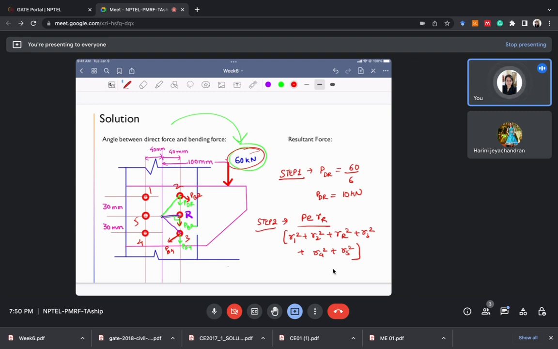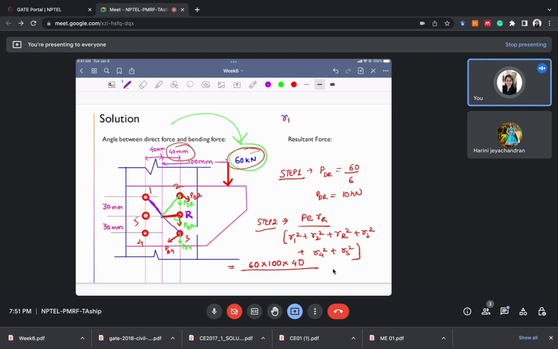Now, let's put all the values. What is the value of P? P is 60. What is the value of E? E is 100. What is the value of RR? The value of RR is, this length is 40 mm. So it is 40 divided by, what is R1? This length. Just now I have calculated.